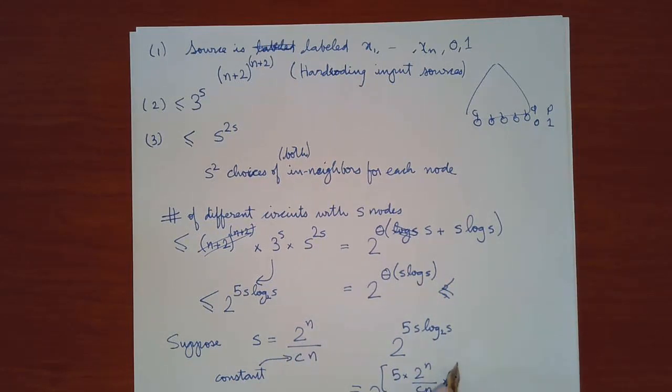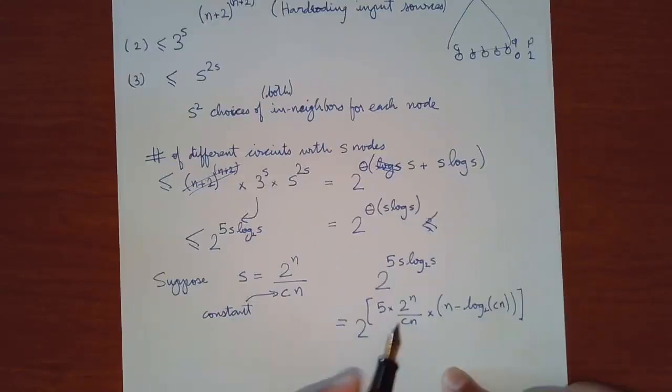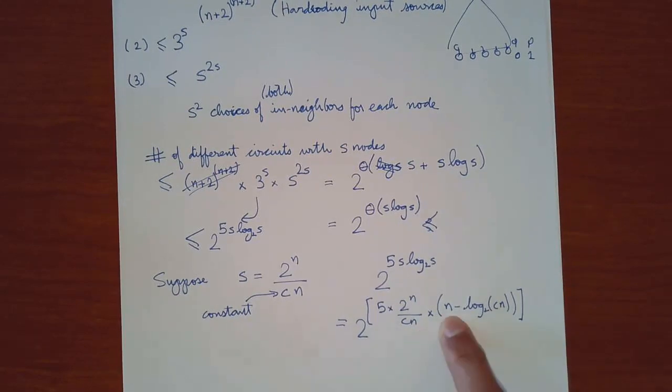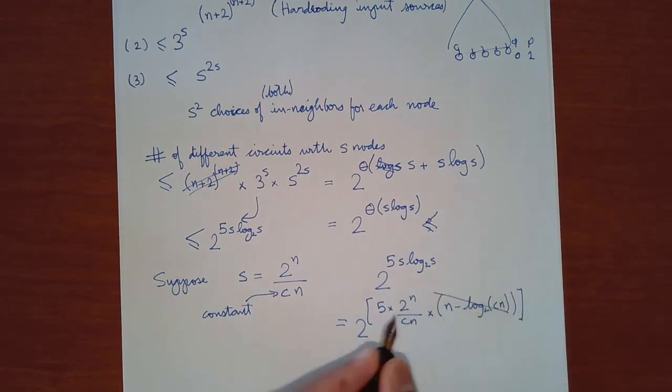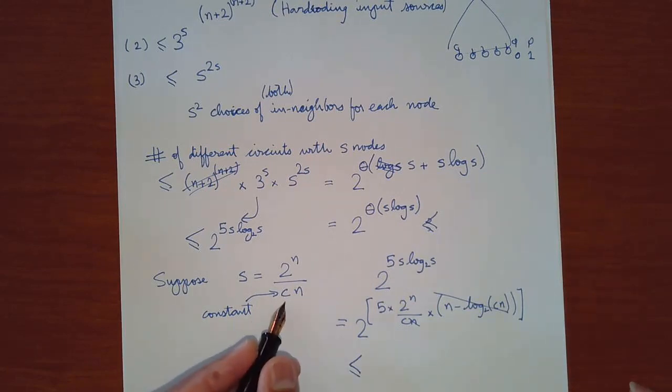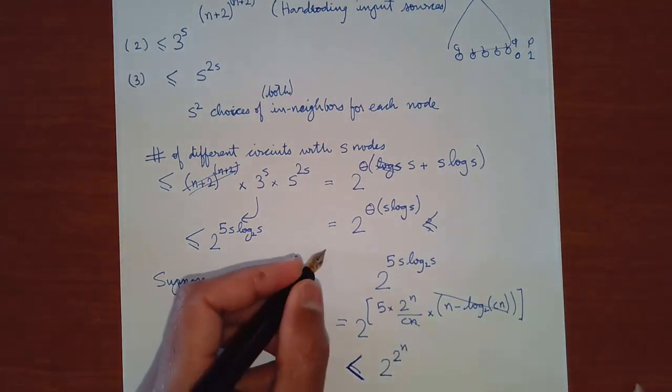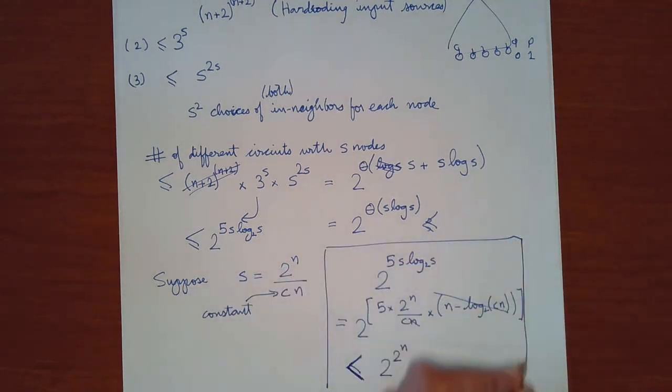So log base 2 of s is going to be n minus log base 2 of Cn. But observe that this n cancels out with this n. When I'm doing an upper bound, I can essentially cancel these two from each other. As long as C is sufficiently large, this is going to be strictly smaller than 2 to the 2 to the n. So this is in some sense the piece of math that you need to see.